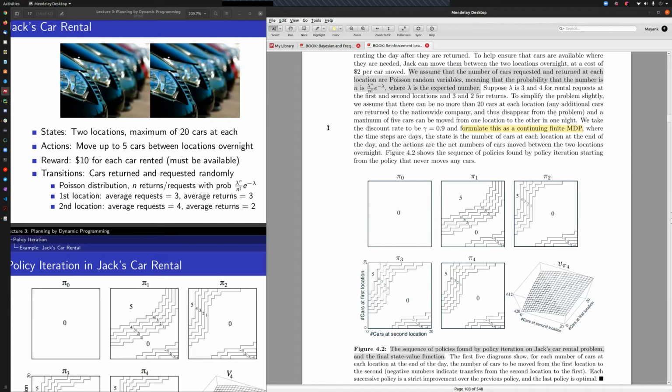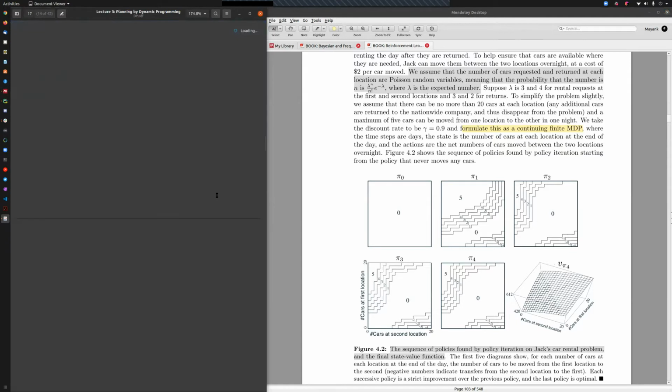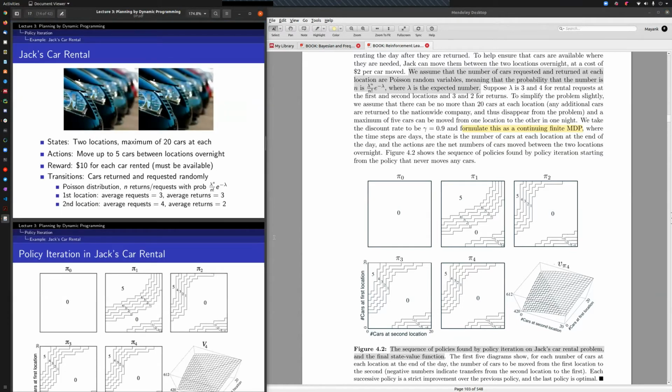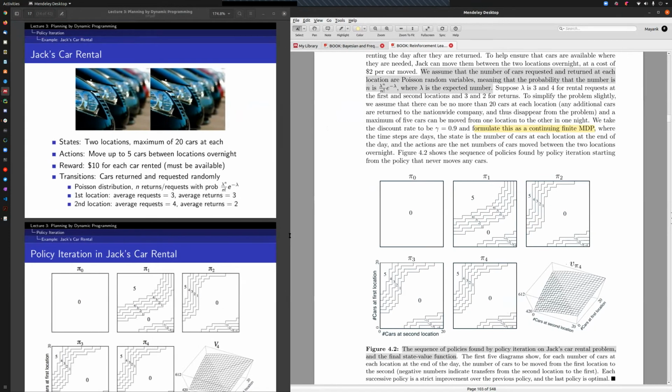Yeah, but the author says kind of explicitly that if Jack runs out of cars at a certain location, then the business is lost. From my point of view, it would make more sense if you got no cars, you get no reward, but that doesn't mean you're out of business.